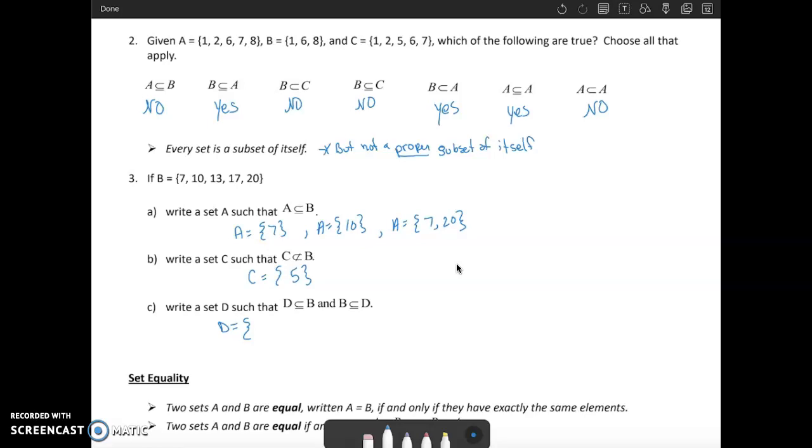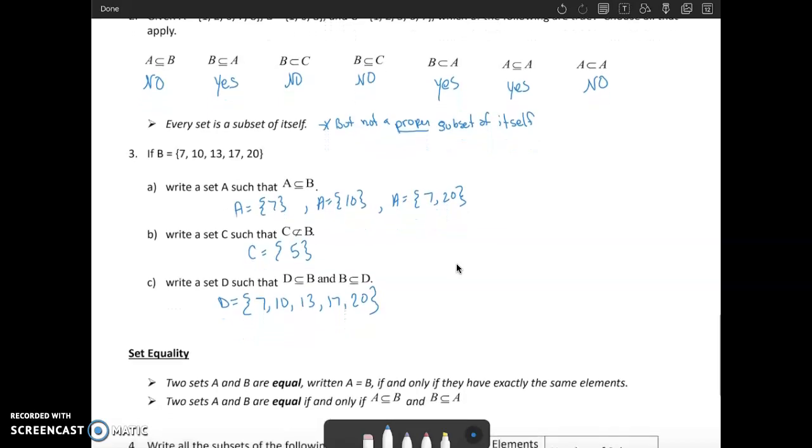The only way this is going to work is if we write the exact same set down. So I'm going to say D is the set of the elements 7, 10, 13, 17, and 20. So every element in that is also in B, and then I could reverse it around and say every element in B is also in this new set D.